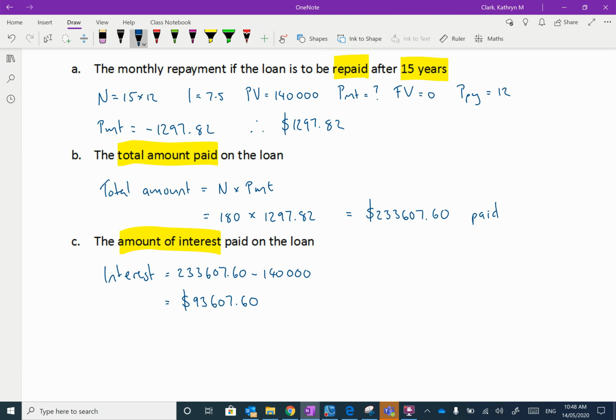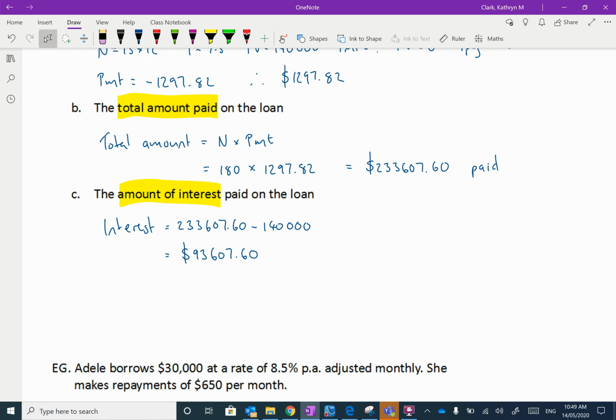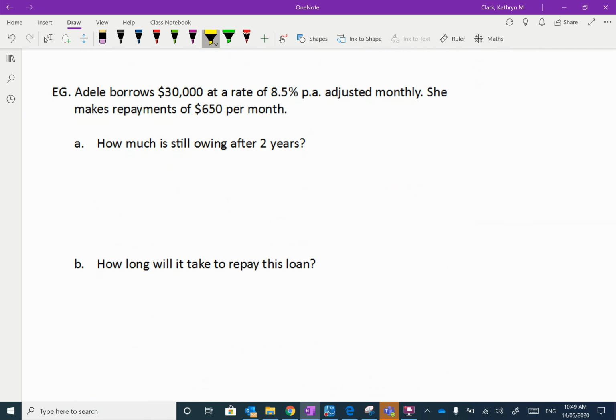That's a lot of extra money that you end up paying back. But that's how loans work. All right, another example. Adele borrows 30,000. Borrows is a positive present value. 8.5%.